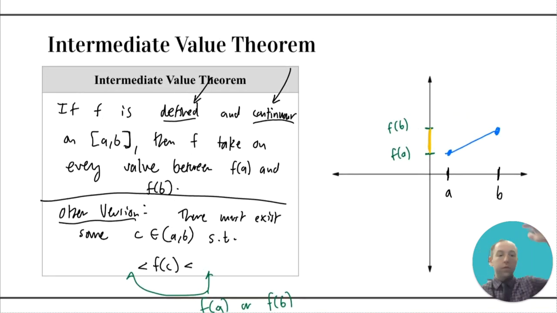In some cases f of b might be higher, or f of b might be lower than f of a. Nonetheless, the moral of the story is that f of c has to be a y value between what f of a is and f of b is. So it's just another version of saying the same thing: we're going to be able to hit every single y value between f of a and f of b, right?